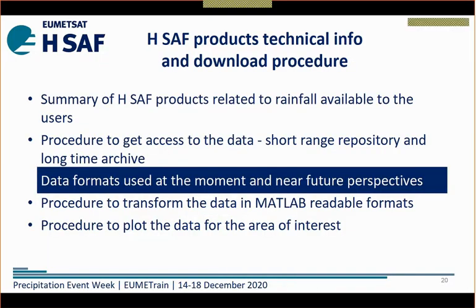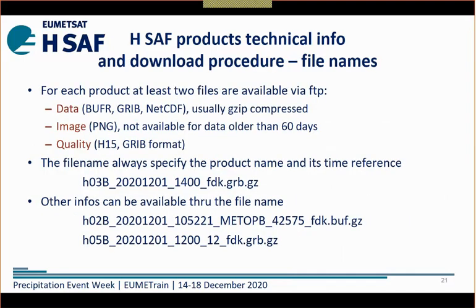Which are the data formats we are using and where are we going? Well, about data, we use BUFR, GRIB, and NetCDF, usually in gzip compressed files. Pictures are in PNG files, which are not available for data older than 2 months. And only for H15, the quality of the data is not written inside the data itself, but in a separate file.